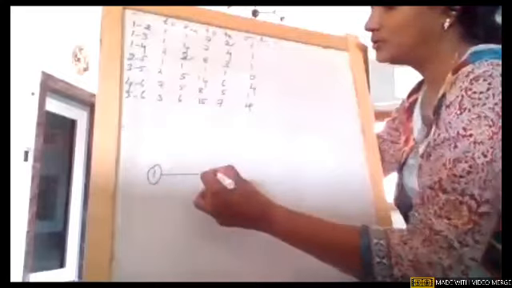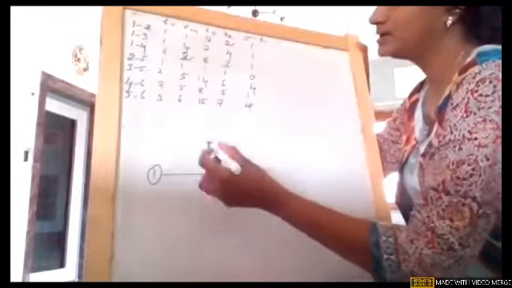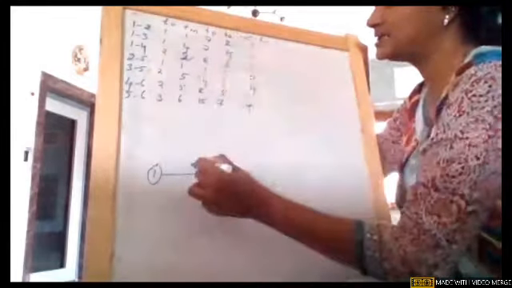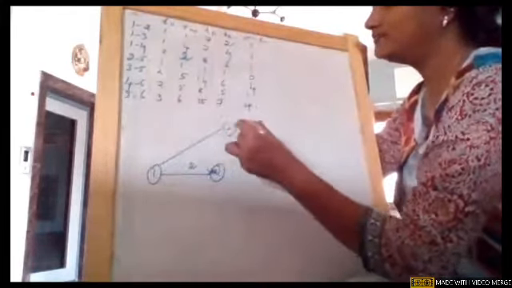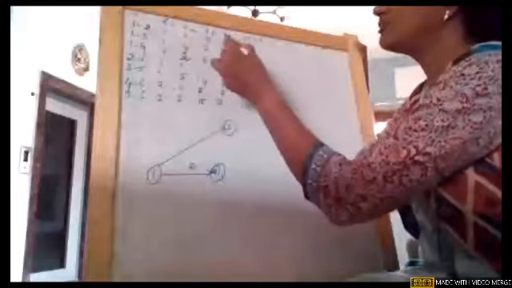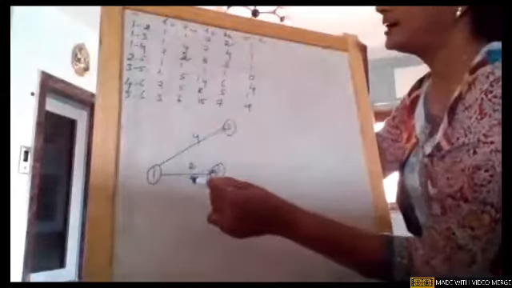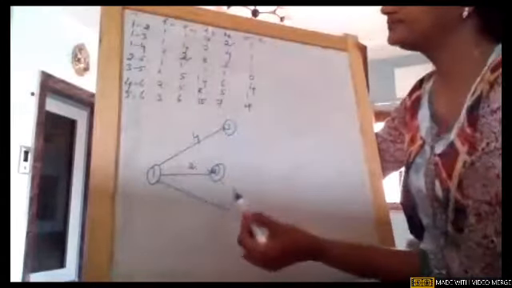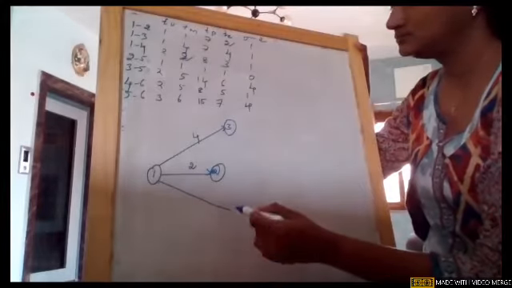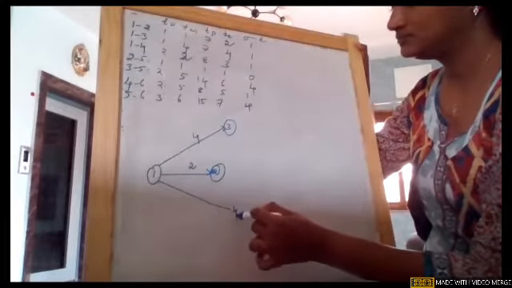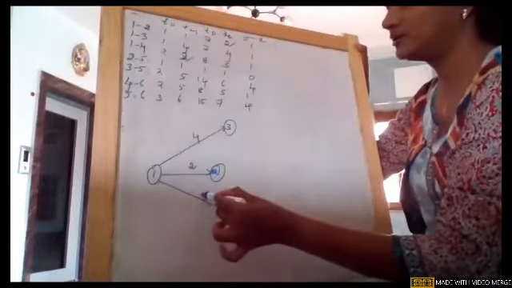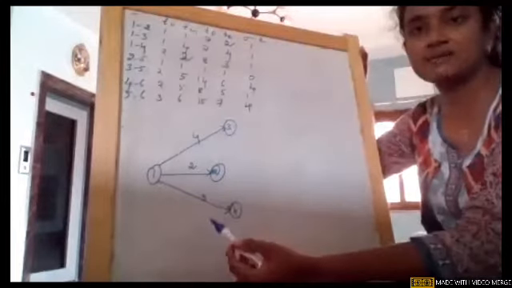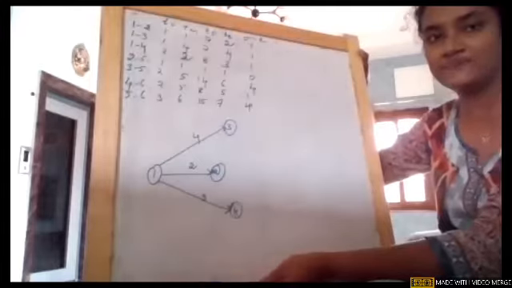1 to 2, the duration is the estimated time. 1 to 3, the duration is 4, and 1 to 4, the duration is 3. This is the first network where we don't have names for activities.